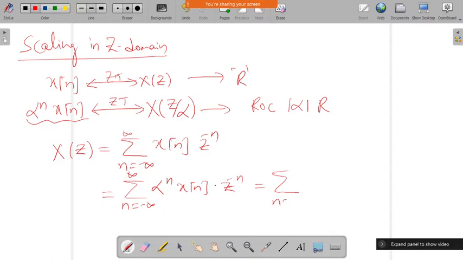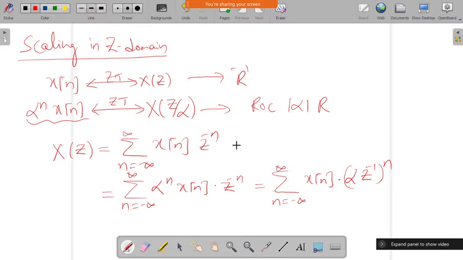So we get the sum from n equal to minus infinity to plus infinity of x of n into alpha into Z power minus 1, whole power n.